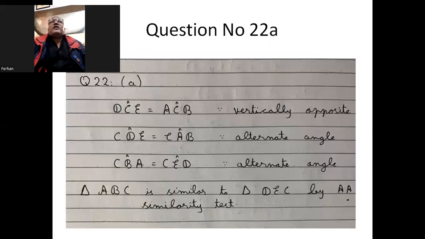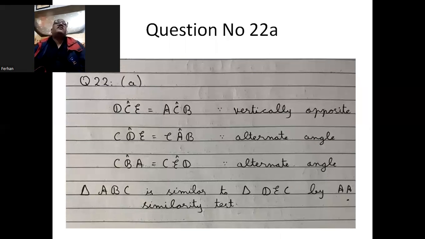Okay, so here we go. He says angle DCE will be equal to the angle ACB, they are vertically opposite. Sorry, I said triangle, this is angle. Angle CDE is equal to the angle CAB, and these are alternate angles. The angle CBA is equal to the angle CED, they are alternate angles.